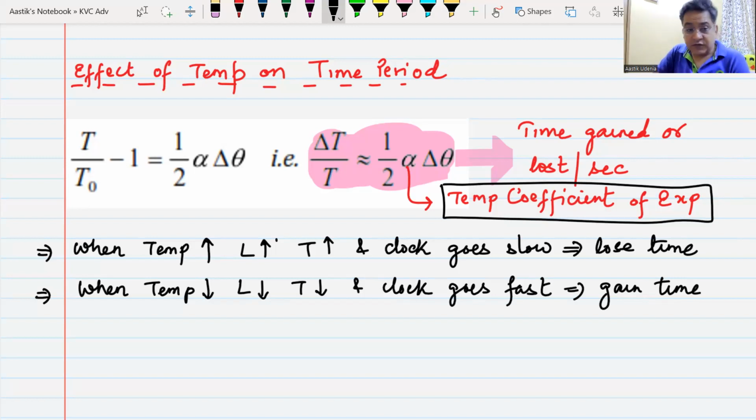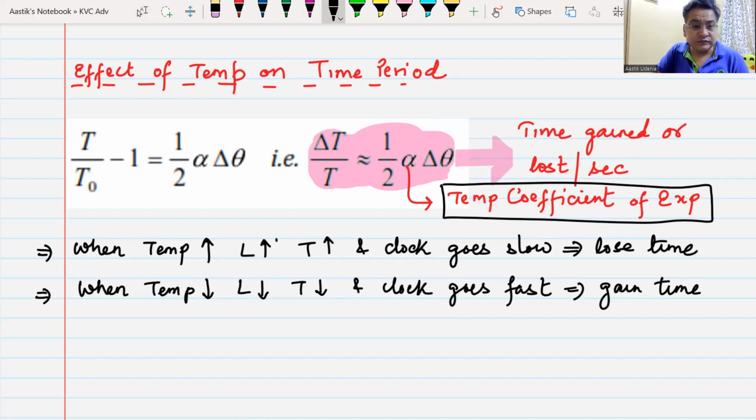Now, what are the other things that you must remember about this time period? This time period of pendulum is independent of the mass of the bob. Do we understand this? Yes, sir. It does not depend on the mass of the bob.